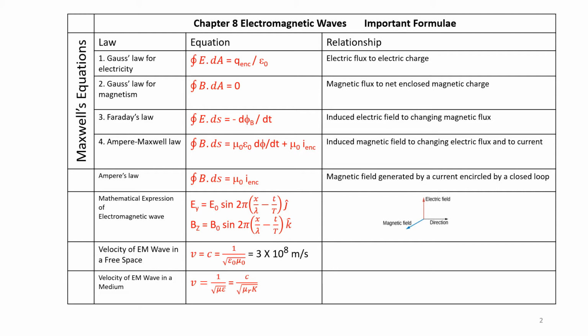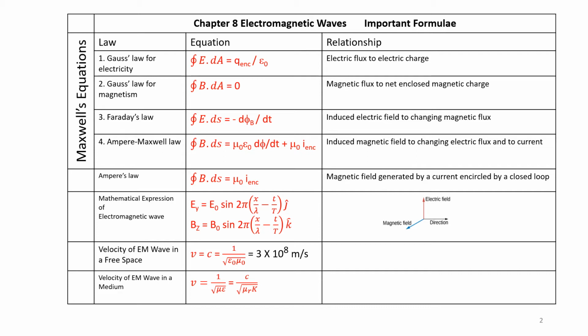And B z is equal to B naught into sine of 2 pi into x by lambda minus t by capital T, in the k direction. j and k are unit vectors in those particular directions. The blue line is the magnetic field.